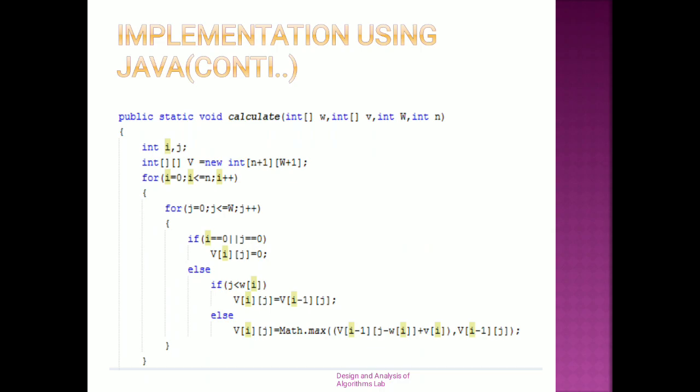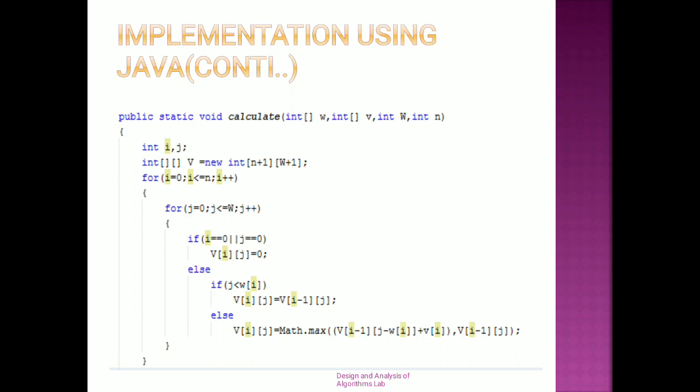The column index starts from 0 and goes on till W. So the size should be n plus 1 cross W plus 1. Then we'll be filling the values. In order to fill the values, we have the recurrence relation. In the recurrence relation, we also have the initial condition.